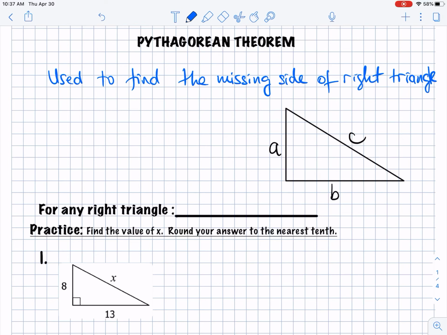Okay, and what do we know in a right triangle? We know that one of the angles is a right angle. The opposite side to the right angle is the hypotenuse. So side C is called the hypotenuse.